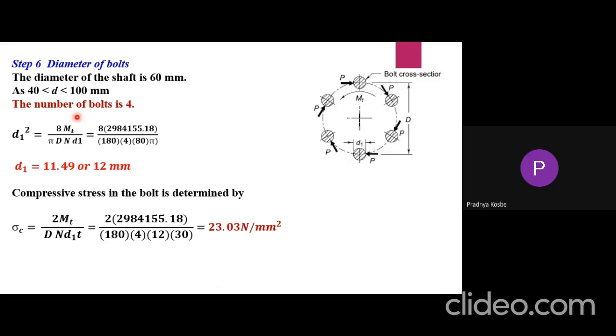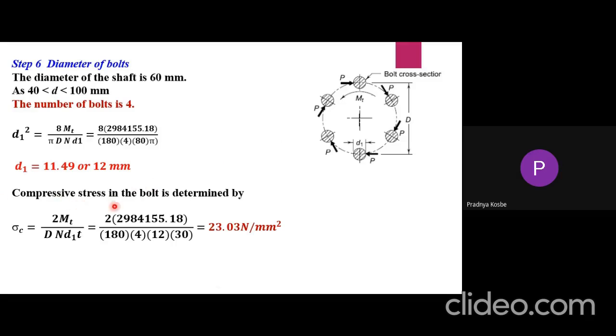After putting all these values, we'll get d1 is equal to 11.41, and we'll round this up. That is 12 mm as the diameter of the bolt.